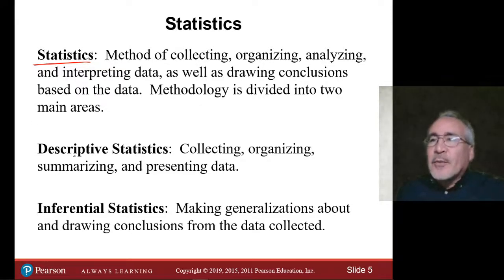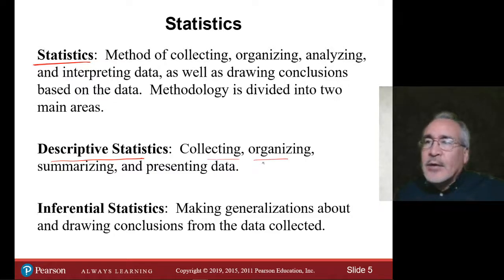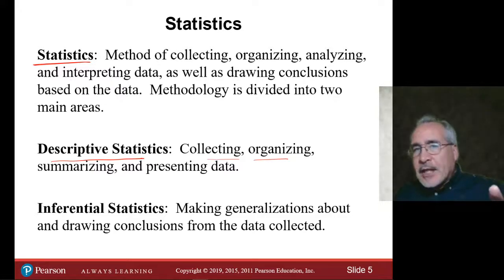Okay, so we have descriptive statistics. What are descriptive statistics? They are ways of presenting data, collecting it and organizing it will be the primary ways. So we get this bunch of data. It's hard to understand what's going on. We organize it so it's going to be meaningful.